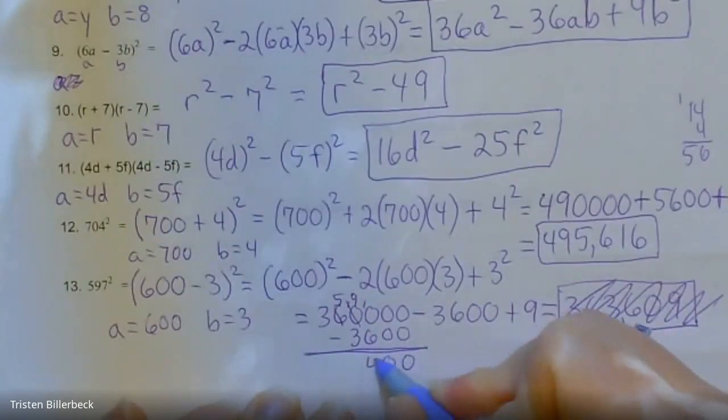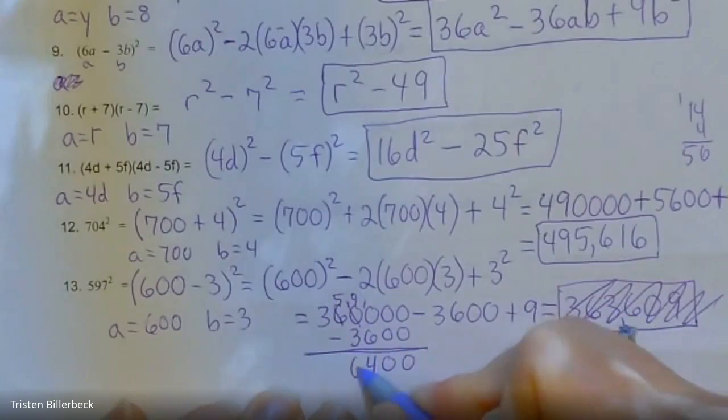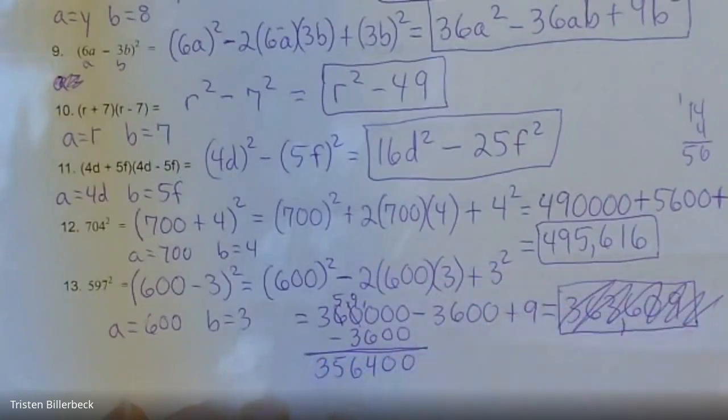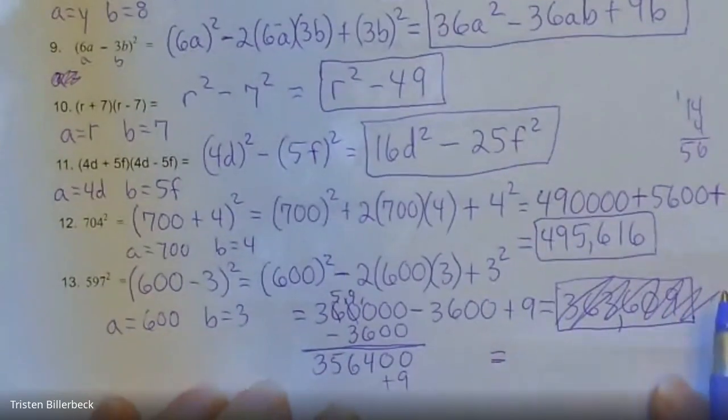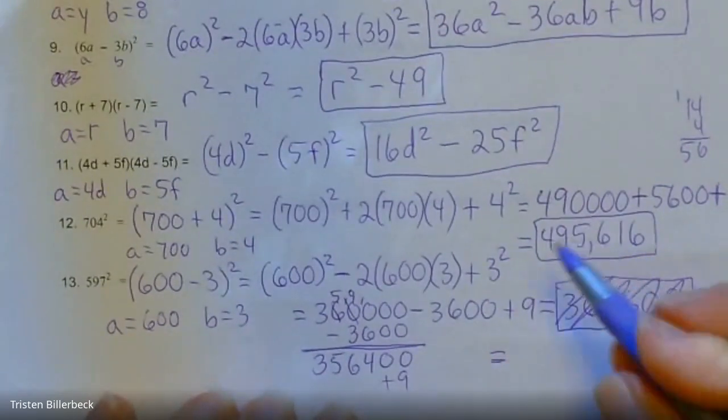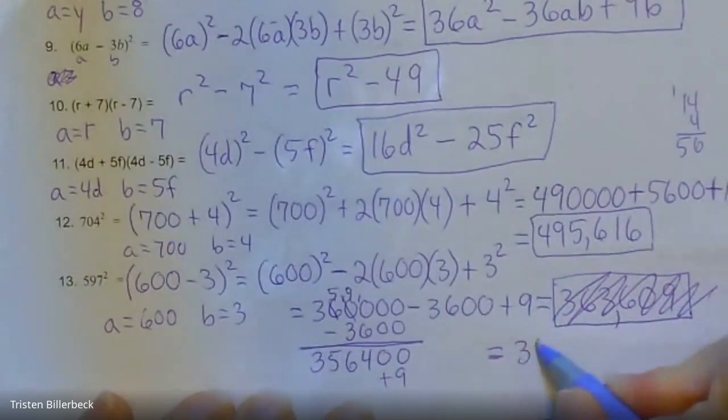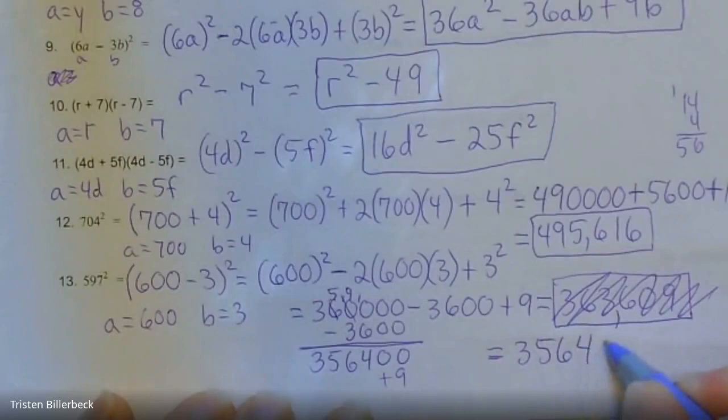Okay, so we have 4. This is going to be 6, 5, 3. Okay, then we're going to add our little 9 over here. Okay, so the answer is then going to be, drum roll please, 356,409.